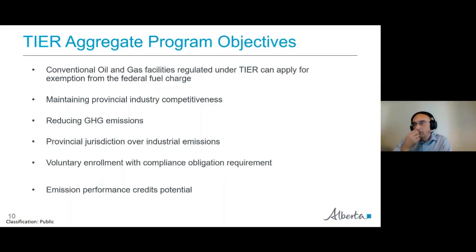The program is voluntary and comes with compliance obligations, of course, once enrolled in the program. The program also enables those who are enrolled to earn emission performance credits, which they can use in consequent years for the purpose of reducing their compliance obligations.